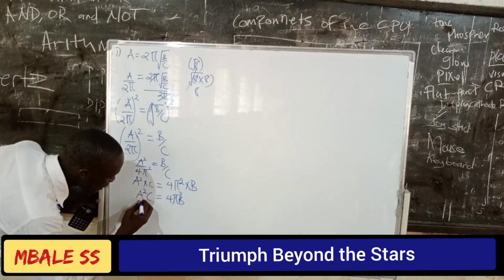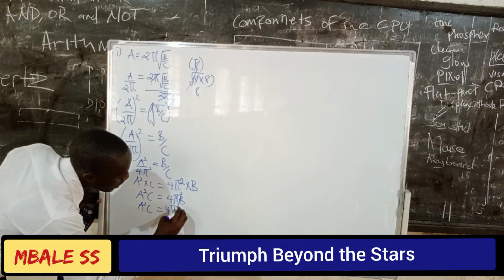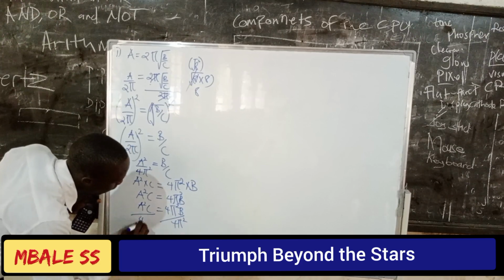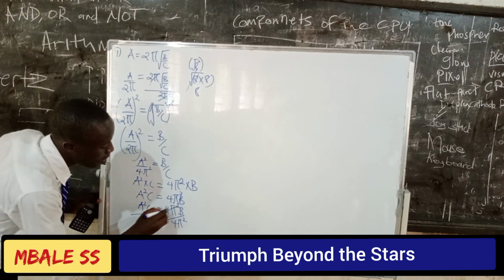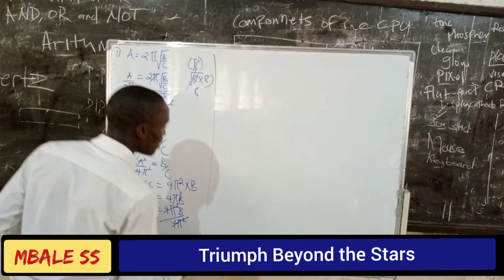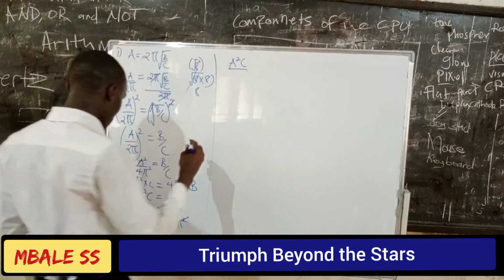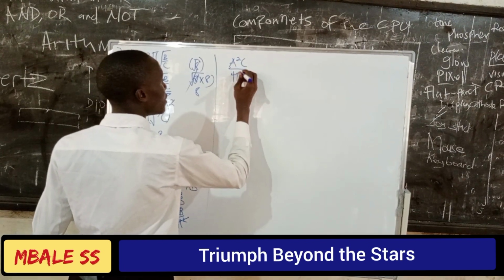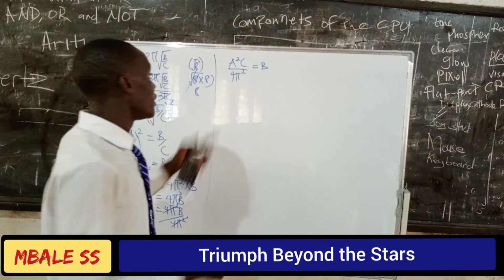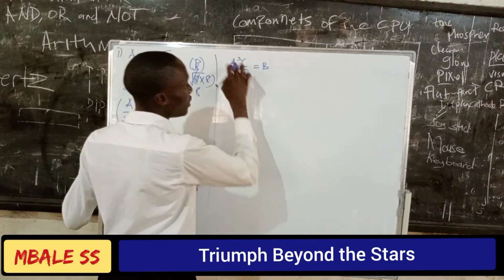So let's first rewrite: A squared C equals 4 pi squared B. Divide by 4 pi squared on both sides. This 4 pi squared and this 4 pi squared will cancel out, so that we shall have A squared C over 4 pi squared is equal to B. So you have already finished, but to make it well organized, we shall have the B on this side and this part of the equation on the other side.